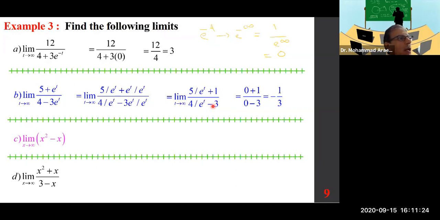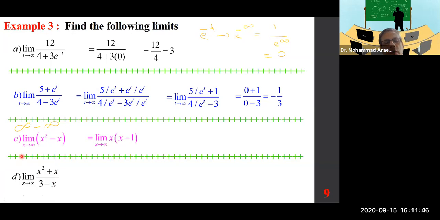Okay. Here's the next one. I hope you see if you plug in, you get infinity minus infinity, class. Factoring is the key, class.